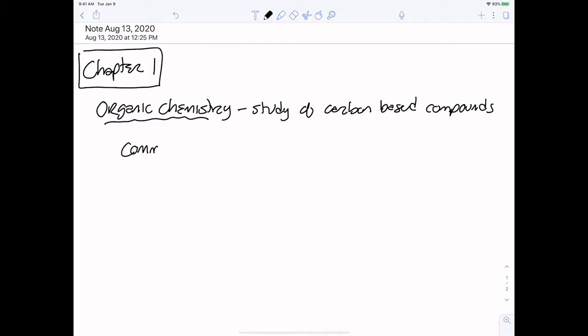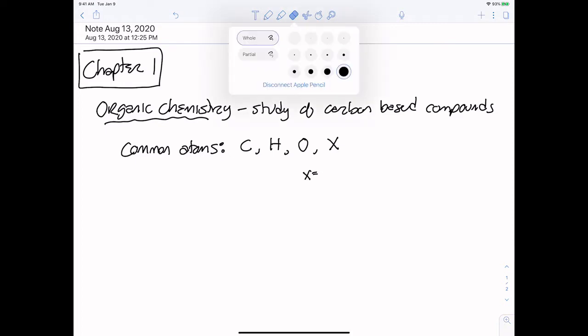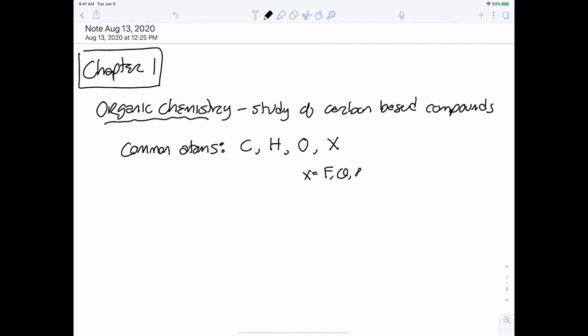So some common atoms that we're going to see, of course, carbon. We're going to see quite a bit of hydrogen, oxygen. X is going to be our abbreviation for halogens. So remember, halogens were group 17, group 7A, so fluorine, chlorine, bromine, and iodine.